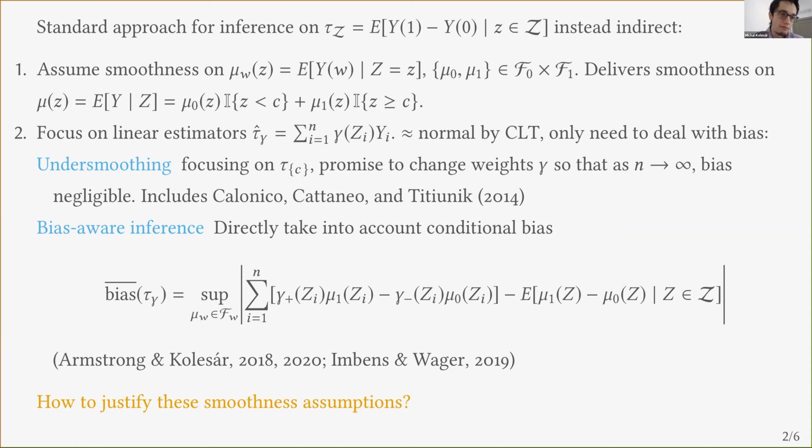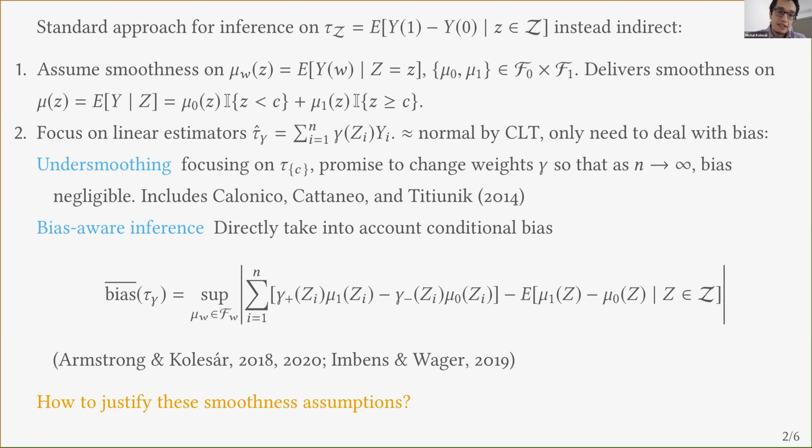You could either essentially do undersmoothing. So you can say, well, the parameter of interest that I'm going to focus on is going to be this treatment effect at the cutoff. So if I generally define a treatment effect for a subset of people whose running variable falls into the set script Z, if I set script Z to just the cutoff, this is the treatment effect for people at the cutoff.